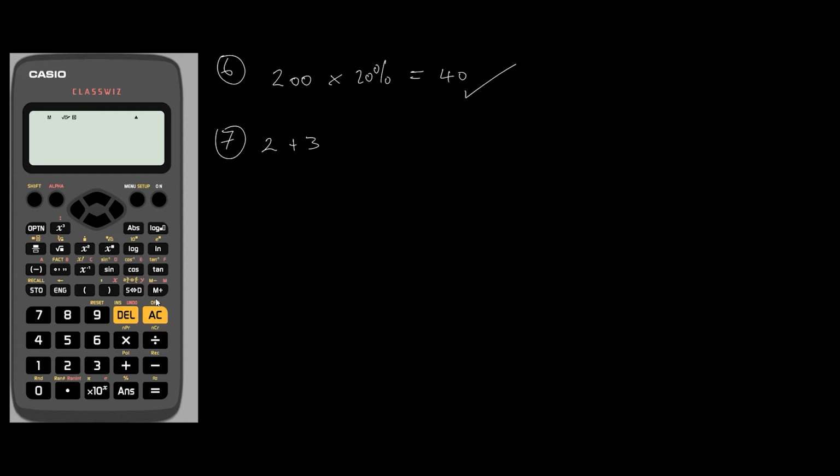Okay, so let's see where we can find recall. So we need to recall memory, so recall's there in yellow, so we need to use the shift function and hit recall, and we have M equals 5. Okay, so memory equals 5. That's our answer. If you wanted to add a negative number to memory or subtract from memory, you would just use shift M minus.